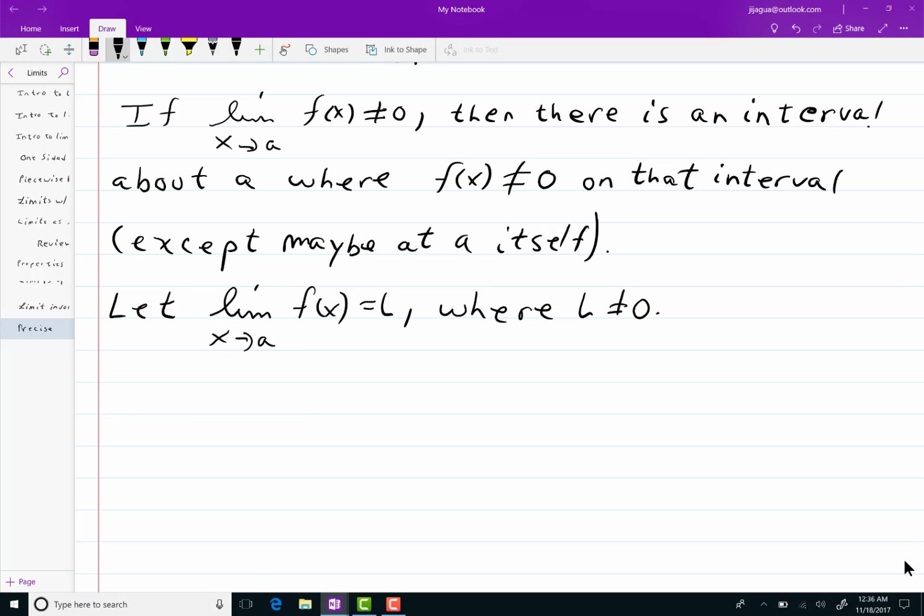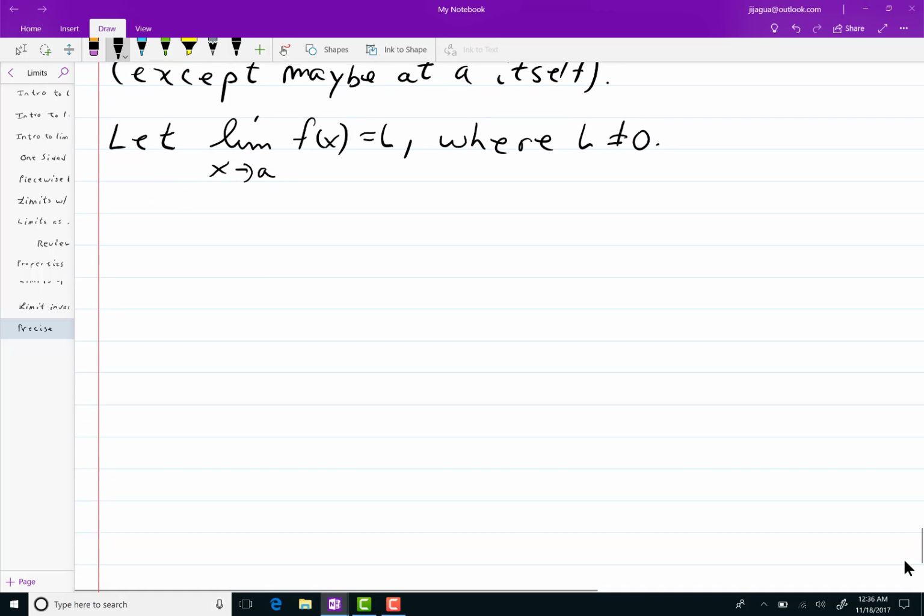Let me sort of draw a picture of how this will work here. Let me also do this.